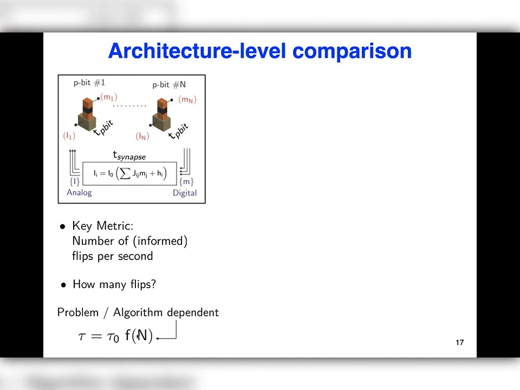For example, if you have a problem in NP, then as a function of the size of the problem, you may see an exponential increase. So you may need an exponential number of flips with increasing input size, but there's always a prefactor depending on your architecture. That's the tau knot. That's where the P computer can really help.